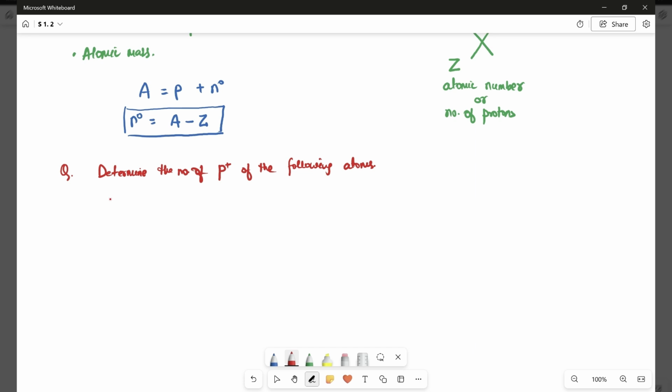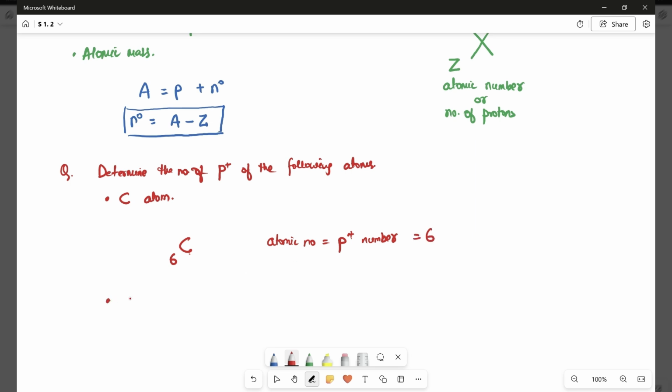Okay. Let's say first is carbon. For a carbon atom, how to find it? You have your data booklet, right? So you can check. Carbon atomic number is 6. The atomic number is always equal to the proton number, right? So its answer will be 6 in this case.